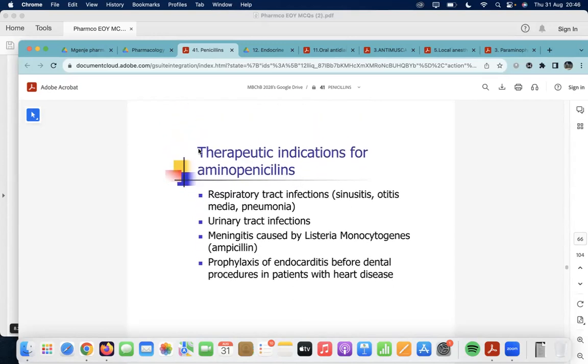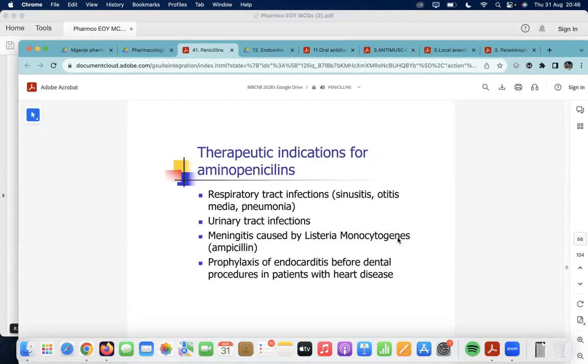So this is an example of, if you don't know, you don't know in the exam room. If you aren't aware of this about amoxicillin, it's hard to tackle that question. So just take note of this as a key thing to remember about amoxicillin.